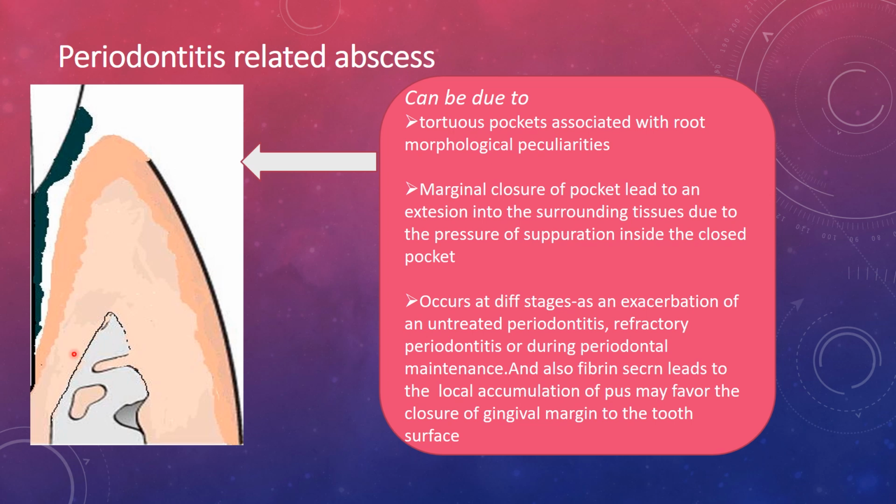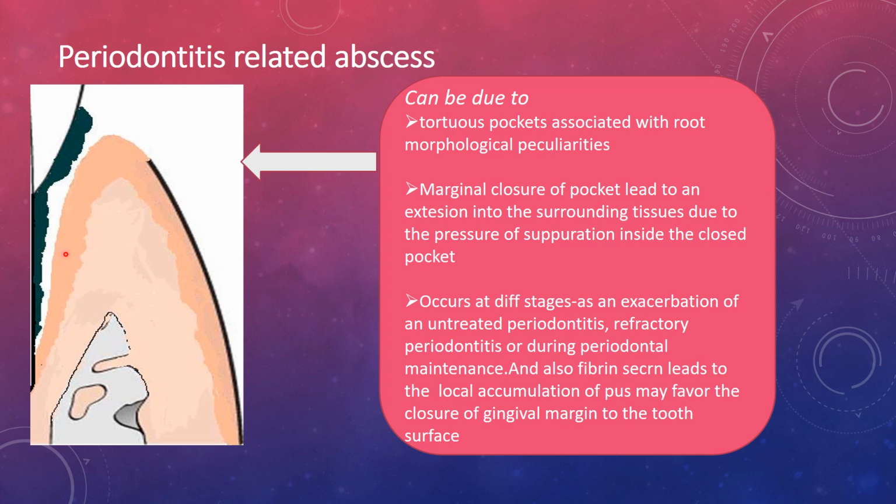If it is a complex pocket due to the root morphological peculiarities, the opening will be very minimal, so it can lead to abscess formation. The second is marginal closure of the pocket, which leads to an extension into the surrounding tissues. This inflammation can spread to the surrounding tissues due to the pressure built up inside the closed pocket.